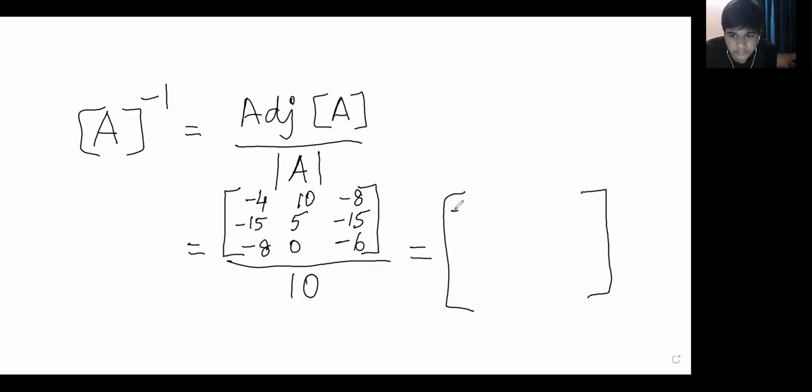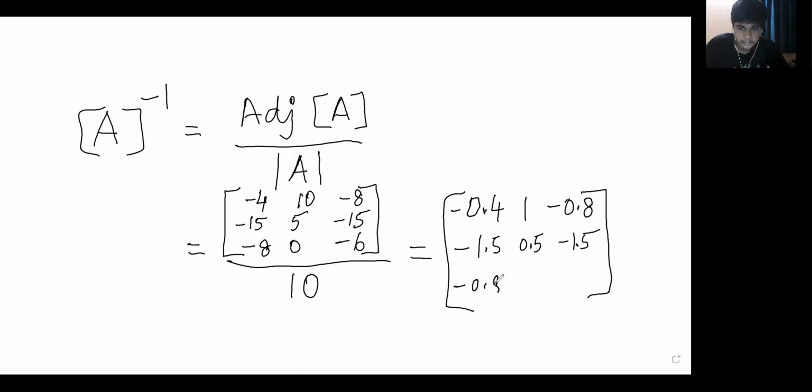So it becomes minus 4 divided by 10 is minus 0.4. 10 divided by 10 is 1. Minus 8 by 10 is minus 0.8. Then it is minus 1.5. This is 0.5. This is minus 1.5. This is minus 0.8.